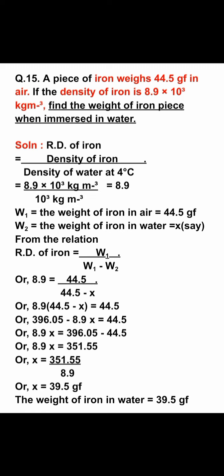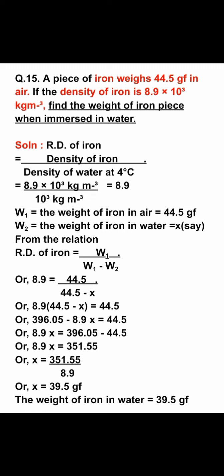So 8.9, the relative density of iron we just calculated, equals W1, the weight of iron in air, 44.5, divided by 44.5 minus X.